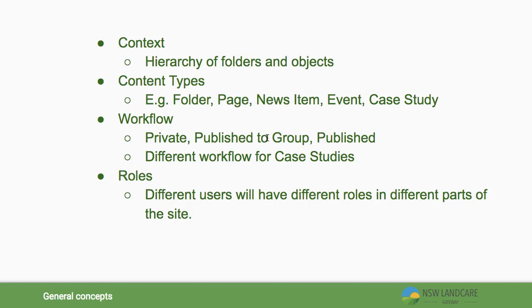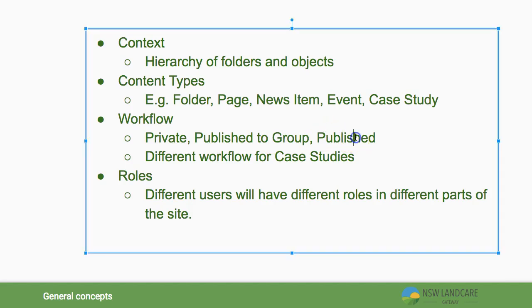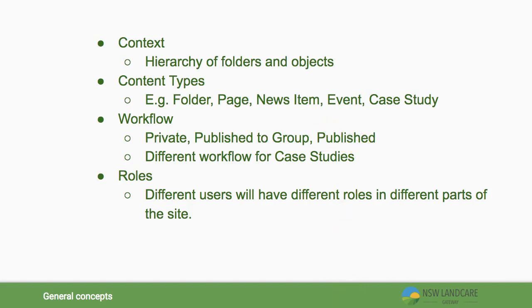So you can imagine what you might do is create a folder within your group called minutes. You might set that folder into the published to the group state, and then you could upload content into that folder and be confident that it won't be seen by the public. And the third state, of course, is published itself, which becomes visible to all of the public.